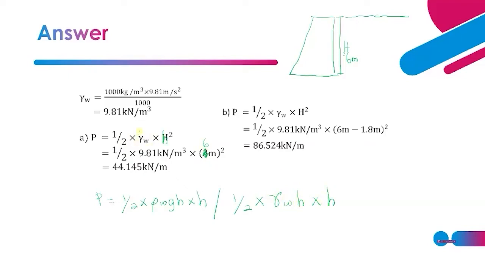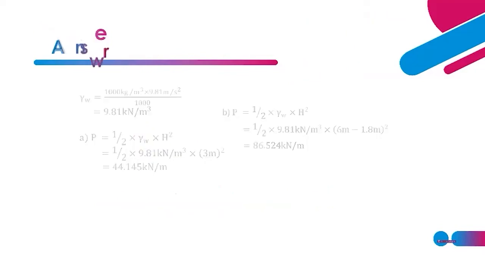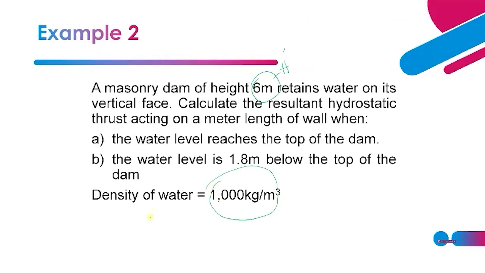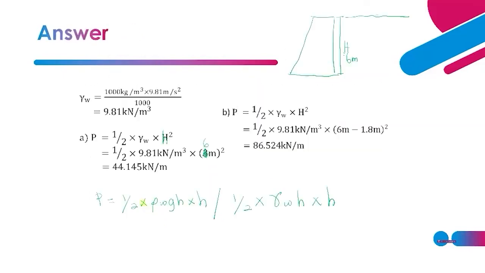We need to find the unit weight of water because the question gives density. So density is rho w. You can either use this formula or that formula, but you need to convert from density into unit weight. The formula to get the unit weight from density is rho w times g. Why did I divide by 1000 at the bottom? Because you are going to get the value in Newton. 1000 times 9.81, you will get this value.